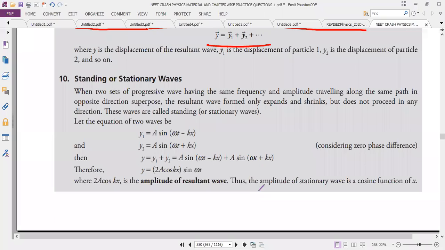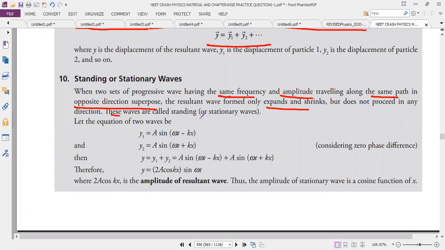Standing waves, or stationary waves, is one of the applications. I will take two sets of progressive waves, with the same frequency and amplitude, along the same path in opposite directions. The resultant wavefront only expands and shrinks.